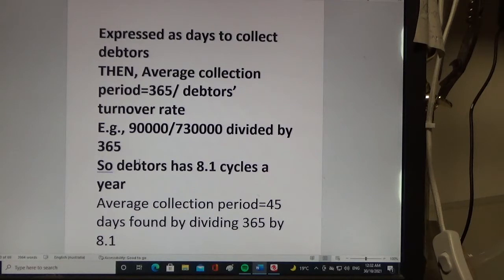So let's get our calculator out, because we don't want to go in all guns blazing. Let's firstly find 90,000 divided by 730,000. That's 0.12, right?